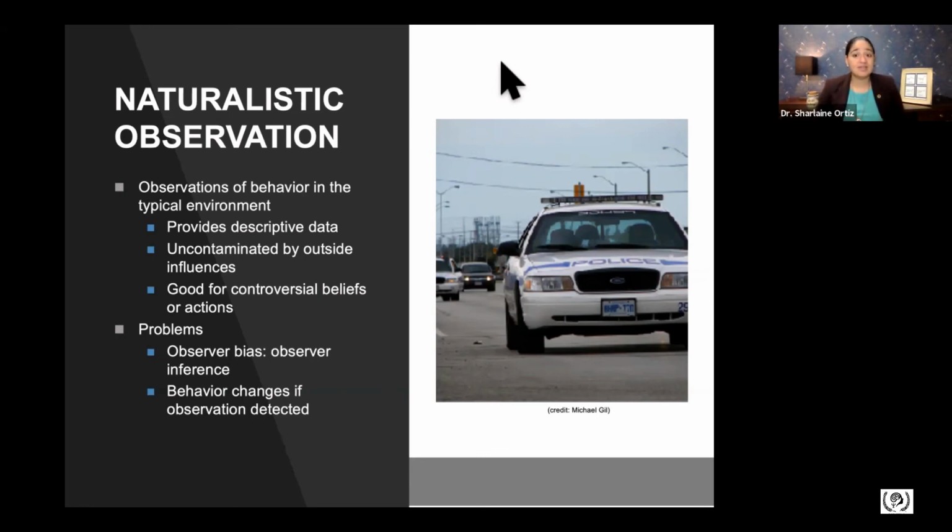But once you see a patrol car, or some flashing lights, then okay, I need to behave a certain way, because that has changed your natural behavior in your typical environment, the way you typically drive. So notice how having that presence will change your behavior. But of course, there are ways to mitigate this in naturalistic observation, and you will learn more about this in your upper level courses in your undergraduate studies, and you will definitely review them in your graduate studies.